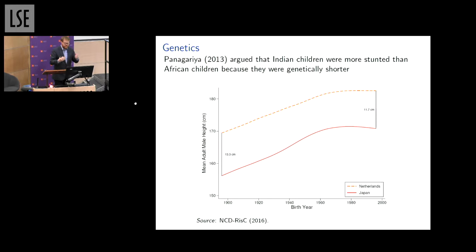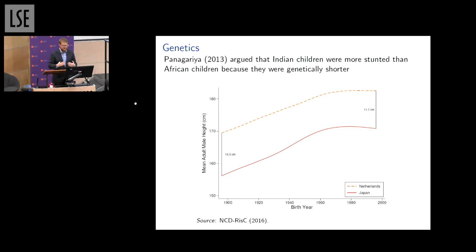Okay, so this first cause is genetics. And this is not just an academic theory. Panagariya in 2013 wrote an article in the Economic and Political Weekly, which is a really important weekly social science magazine in India, claiming that Indian children were more stunted than African children because they're genetically shorter.